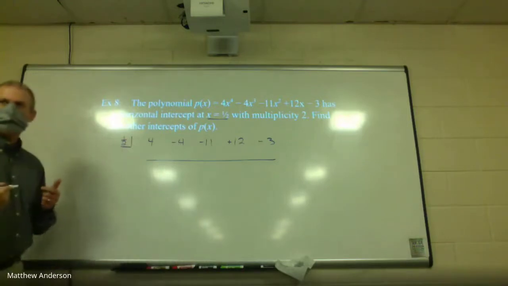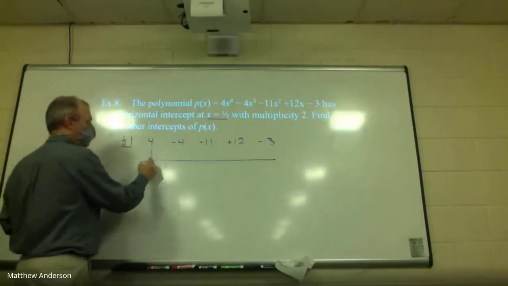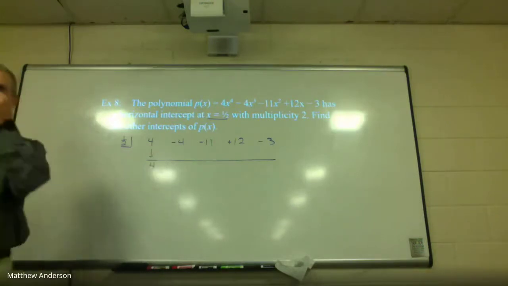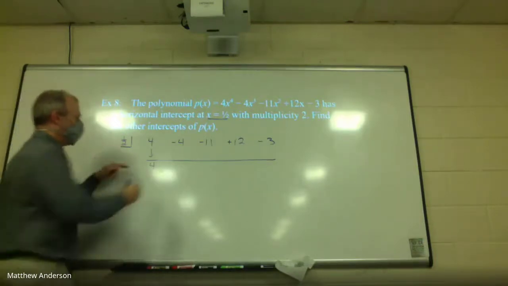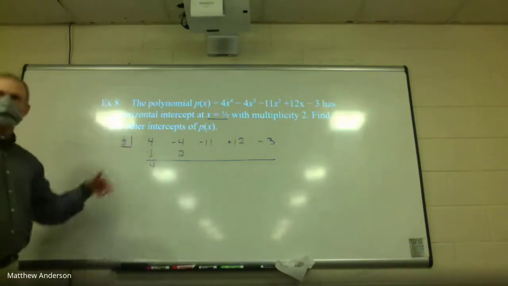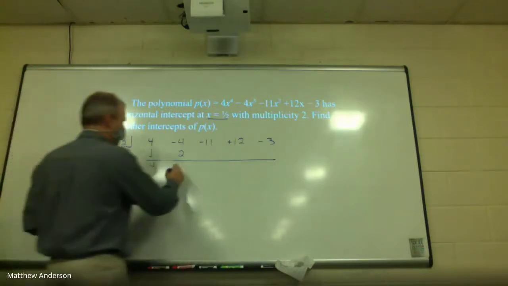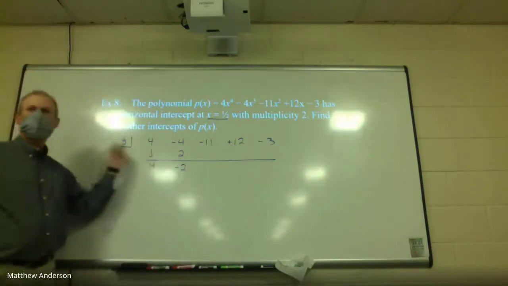So what do we do first in our process here? The 4 drops down, right? And you may need a calculator for this, and that's fine. But what is 4 times 1/2? It's actually really easy if you think about it. What's half of 4? 2. So 1/2 times 4 is 2. What's negative 4 plus 2? Negative 2. What is half of negative 2?